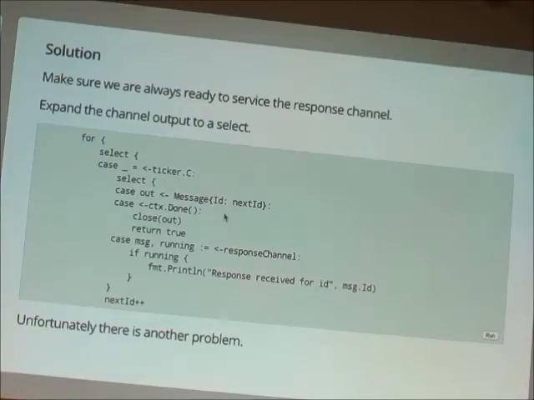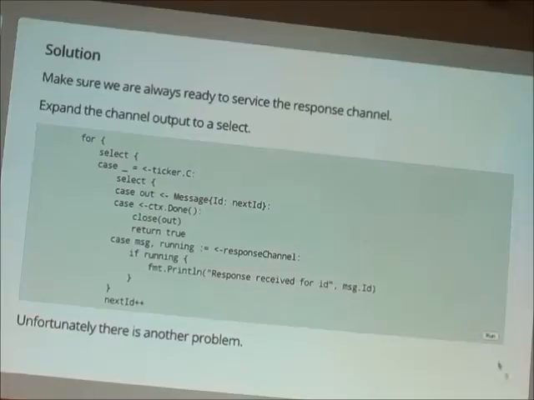We need to always be able to handle messages coming in on the response channel as we're either receiving other messages or sending messages out. Otherwise, the pipeline can fill up.